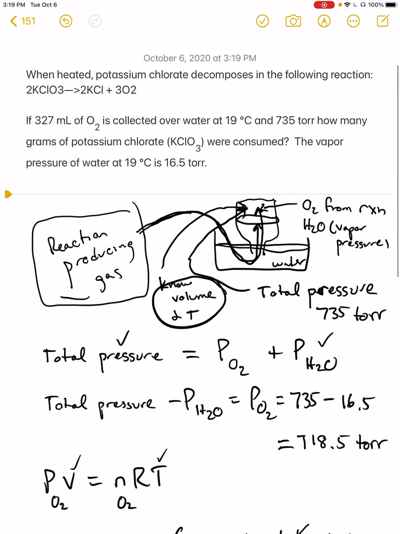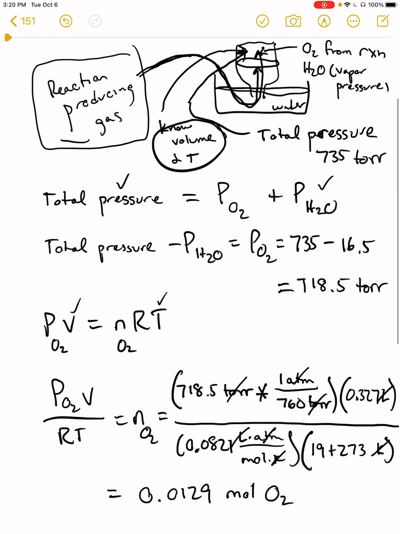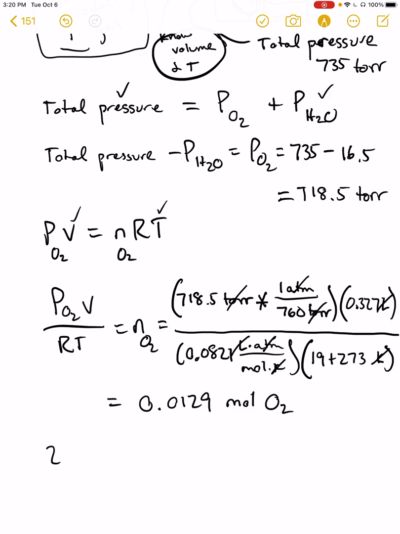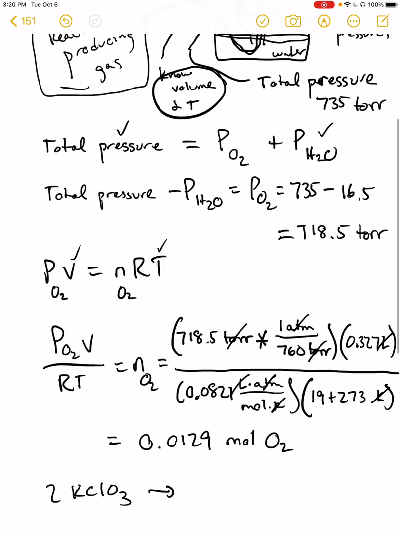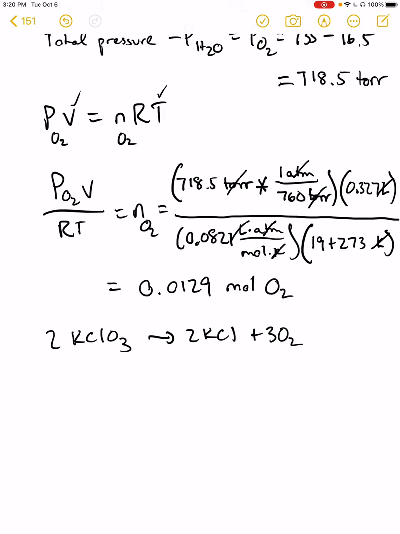Now, my original question asked how many grams of potassium chlorate were consumed. And so I can go back to my original reaction. I'll rewrite that here. And now, through stoichiometry, I know that I have 0.0129 moles of oxygen.